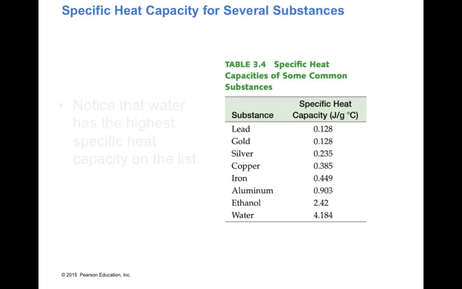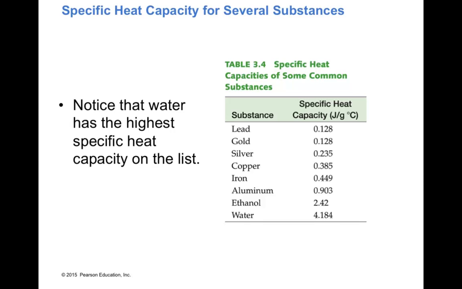Here is a list of values of specific heat capacity for several substances. Notice that water has the highest specific heat capacity on the list. Changing the temperature of water requires a lot of heat as compared to gold, silver, or aluminum.